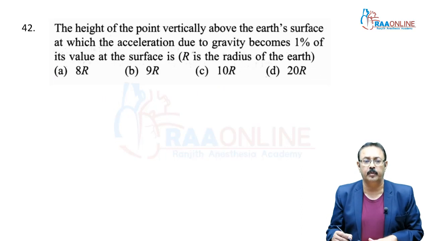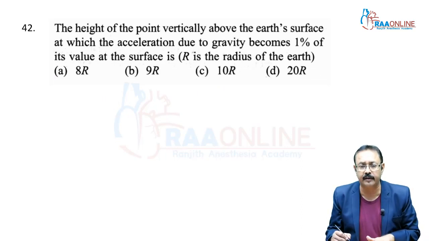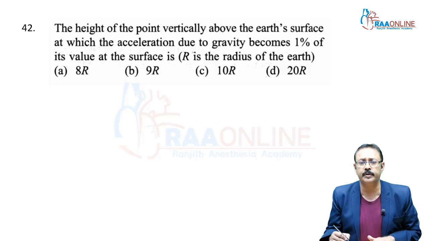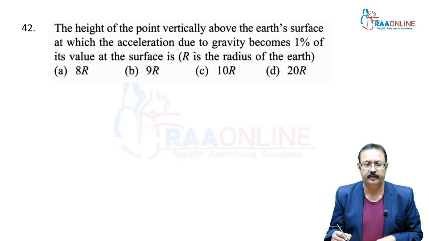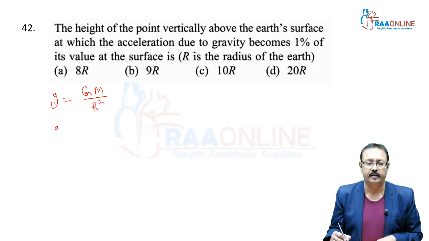Now 42nd problem. The height of the point vertically above the Earth's surface at which the acceleration due to gravity becomes 1% of its value at the surface is. Suppose the height is h. On the surface, the value of g is GM upon r square. If we go to height h, g dash is GM upon (r plus h) whole square.